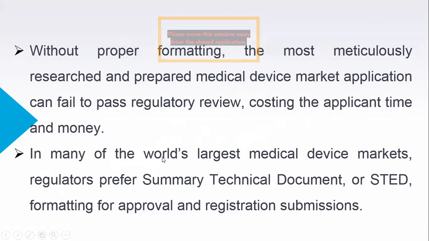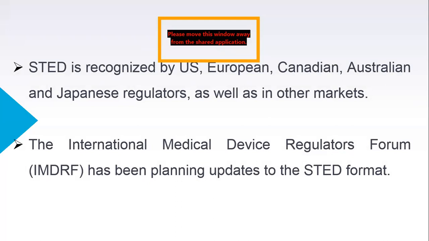So in many of the world's largest medical device markets, regulators prefer STED, that is, summary technical documentation formatting, for approval and registration submissions. So for that purpose, many of the countries follow the STED format given by the IMDRF. What are the different countries that accept this STED?